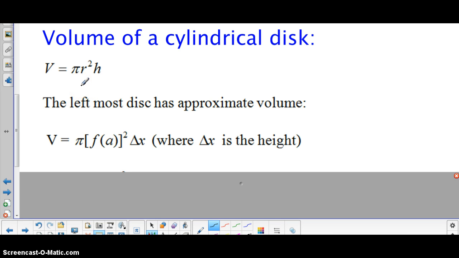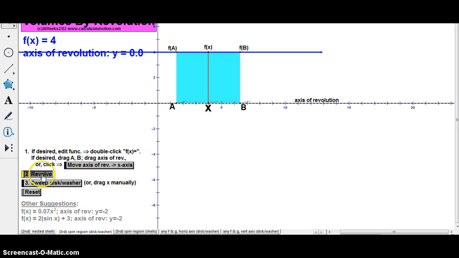Here, if you're comparing the two formulas, the volume of revolution is taken from our volume of a cylindrical disc. So here we have pi r squared. Our function at the a value would be the r, the radius, and then we'd have to square it. And delta x, our change in x, is the height. Take a look at your graph again and make sure that makes sense to you. y is the radius.